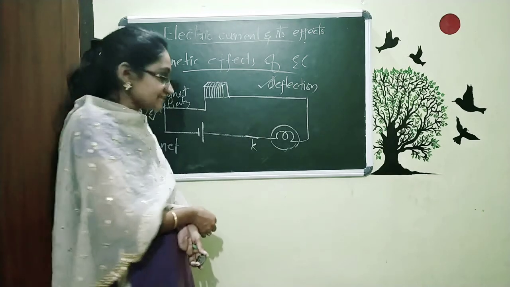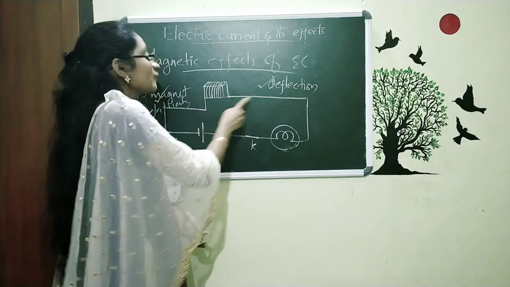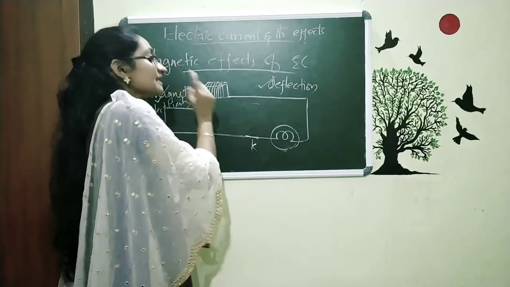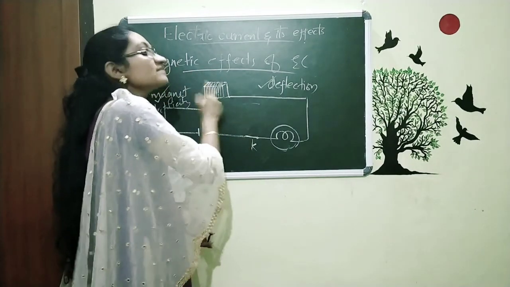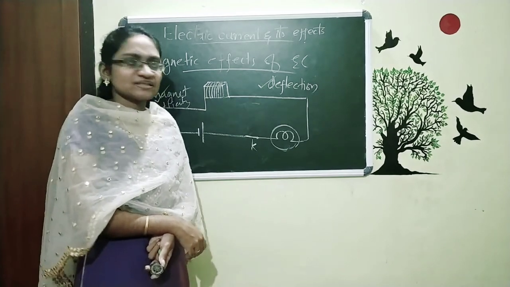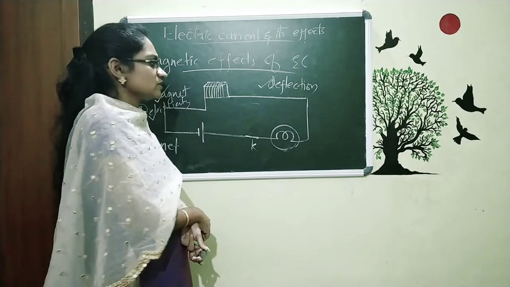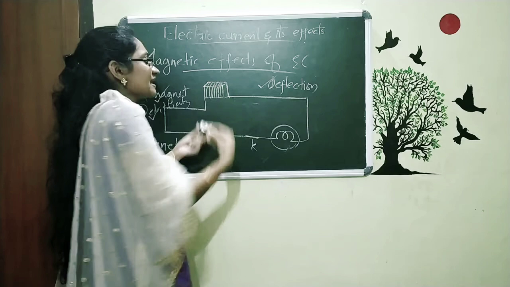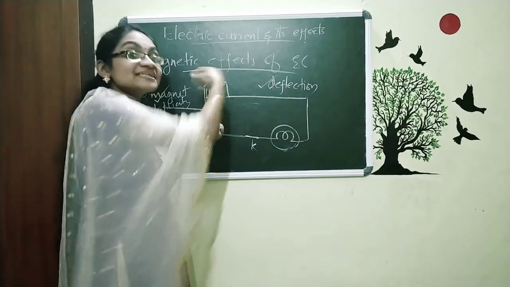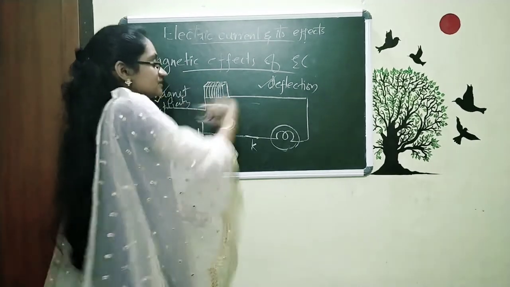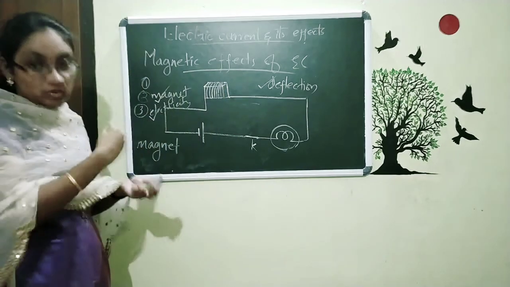Which means that we can say that when electricity is flowing through a circuit, this coil will act as a magnet. We are just making such an arrangement to bring this compass inside that setup. That's why we are winding this on a box.